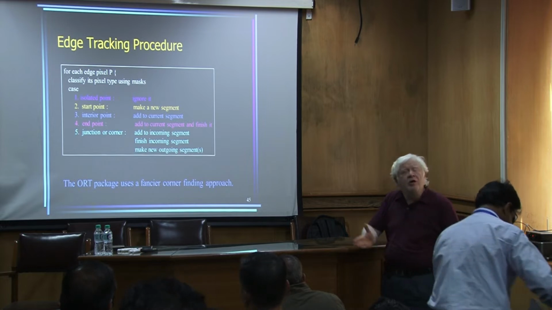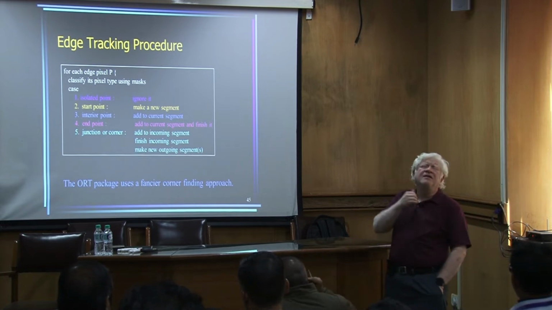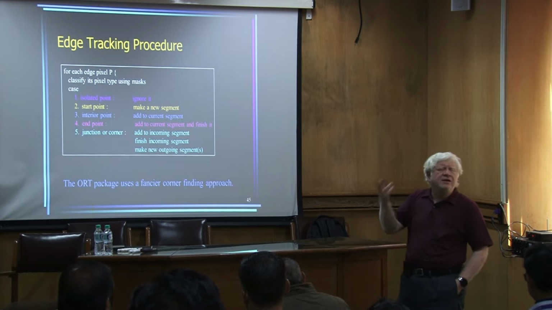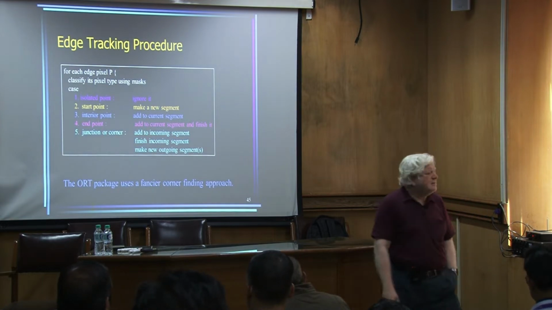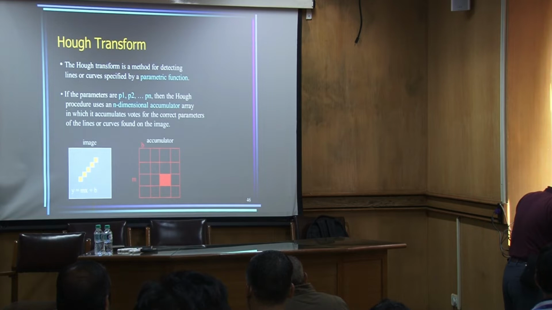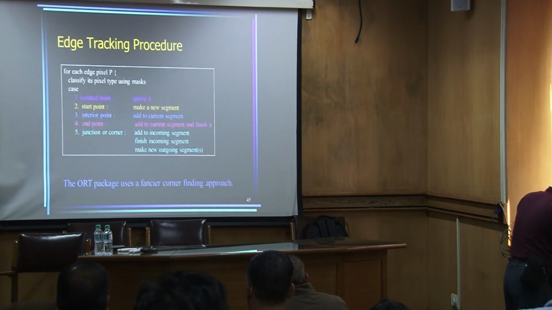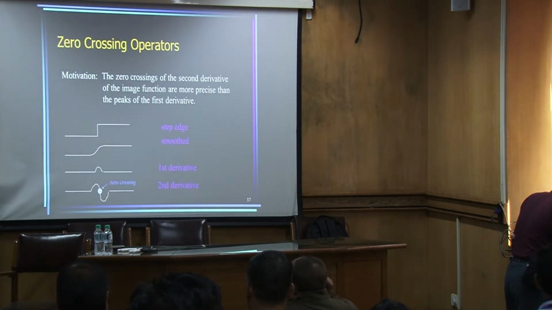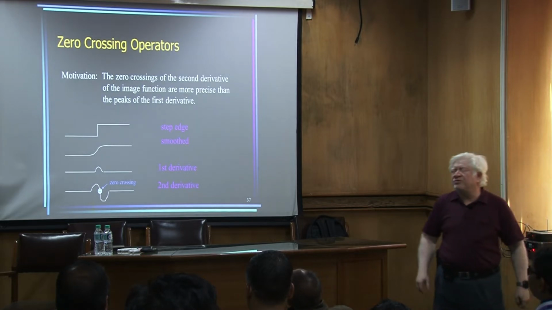If you go along an edge, you will hardly see any change, but if you go across an edge, you will see a very abrupt change, and that abruptness of the change is essentially what we are trying to catch in terms of these differential operators that I had shown you earlier.